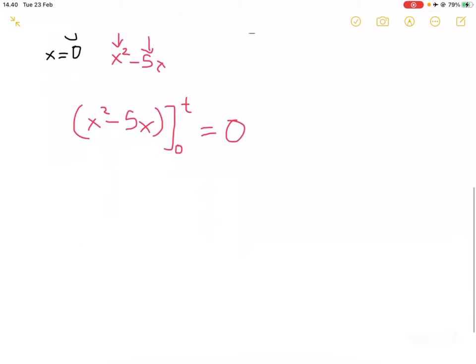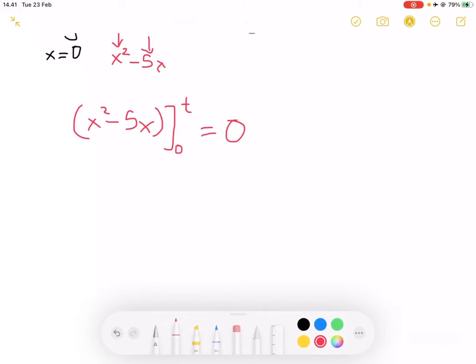From here we can substitute our lower and upper bounds, which are 0 and t, and then subtract them. So we're going to have t squared minus 5t minus 0 squared minus 5 times 0, which is just 0. So I'm not going to write that down.